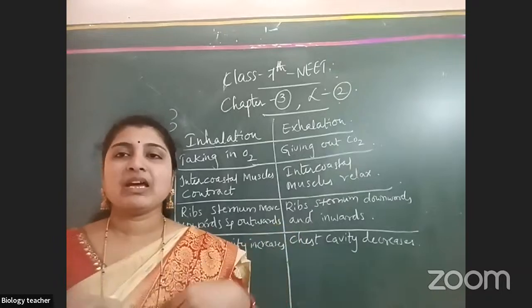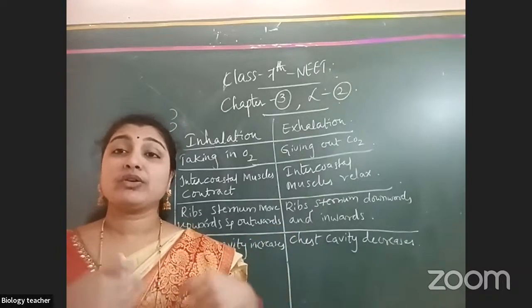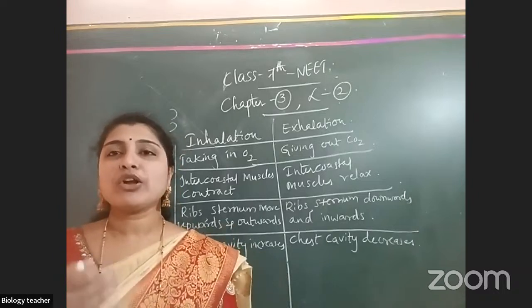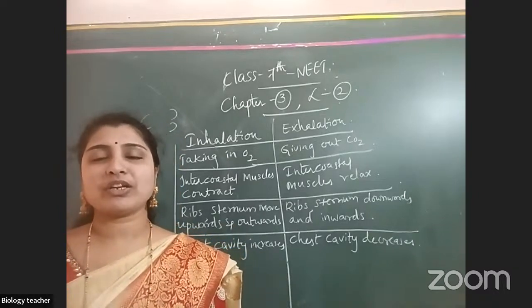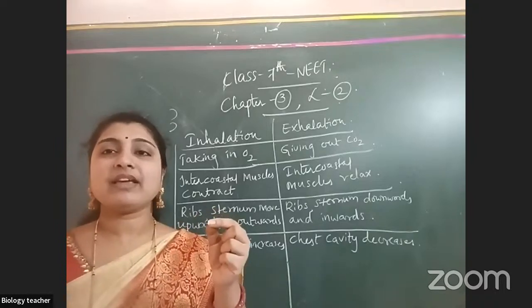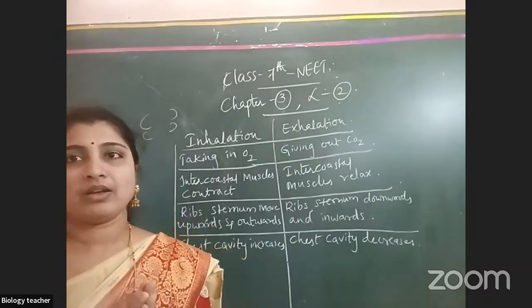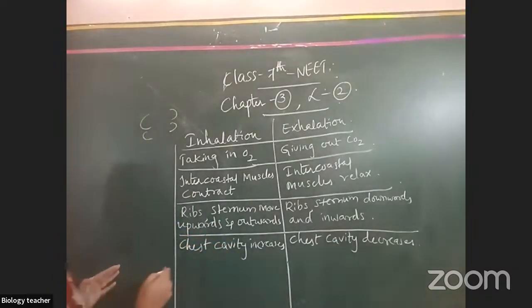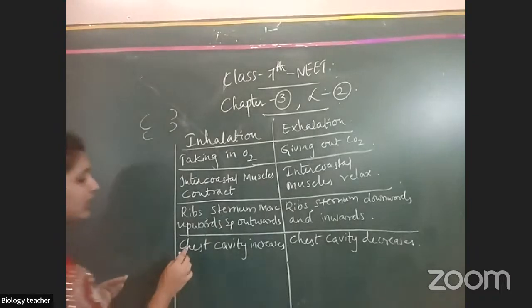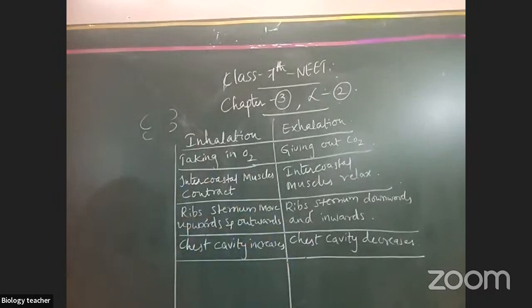Take a tape. You have to measure the width of the chest cavity during inhalation and exhalation. What do you find as the difference? During inhalation, the measurement is increasing. During exhalation, the measurement is low. So that is what chest cavity increases, chest cavity decreases.